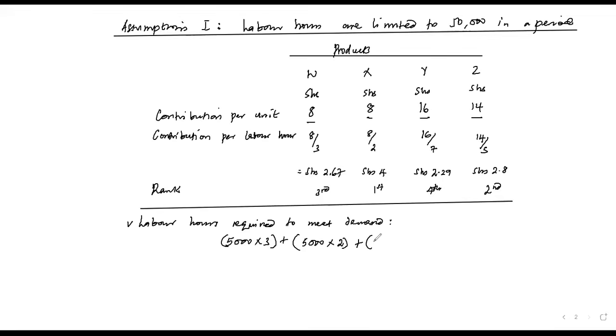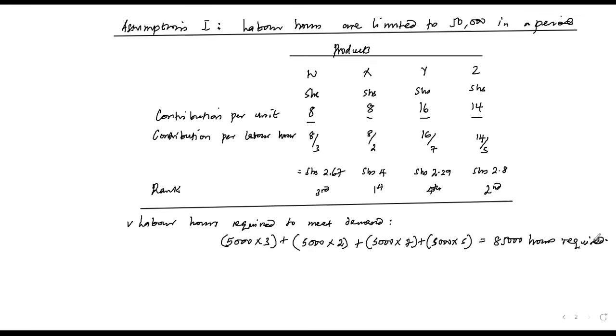Then for Y, still 5,000 according to the demand, but each unit requires 7 hours. Then for Z, still 5,000, but each unit requires 5 hours. When you do the math, you'll see that we have 85,000 hours required.